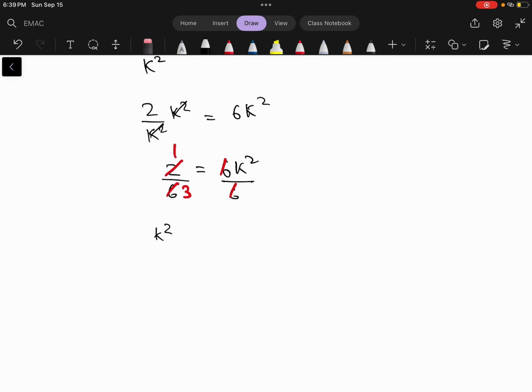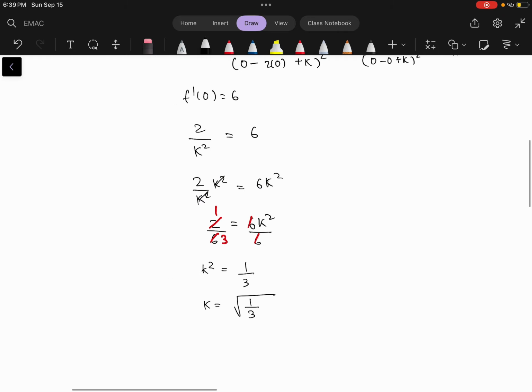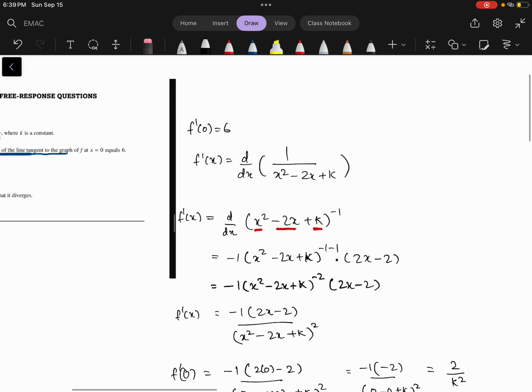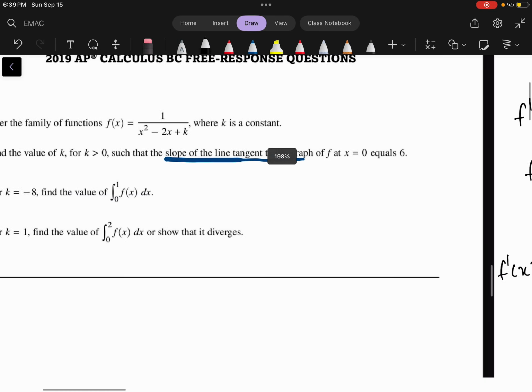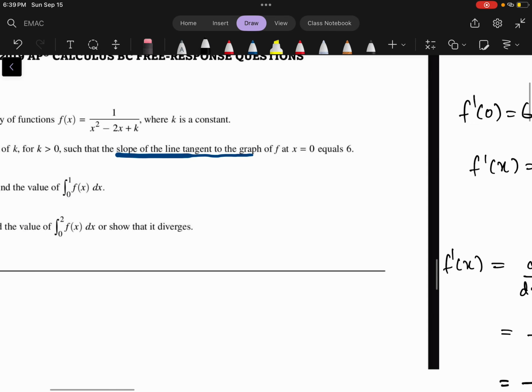So k squared is equal to 1 over 3, which means k is equal to the square root of 1 over 3. I think that's all the question asked us for, just the value of k. So k is equal to 1 over root 3.